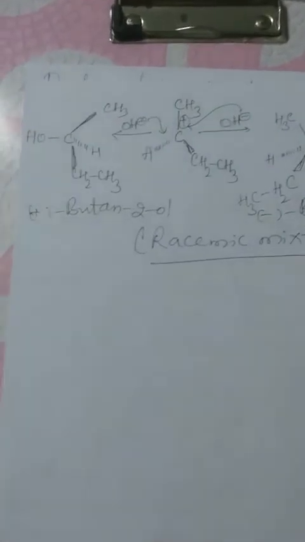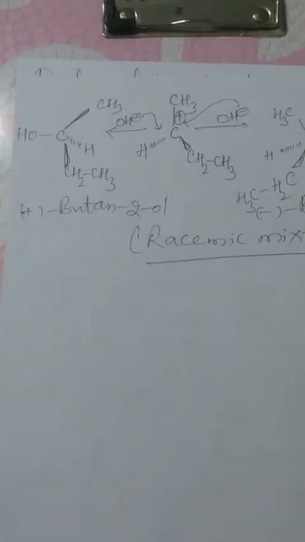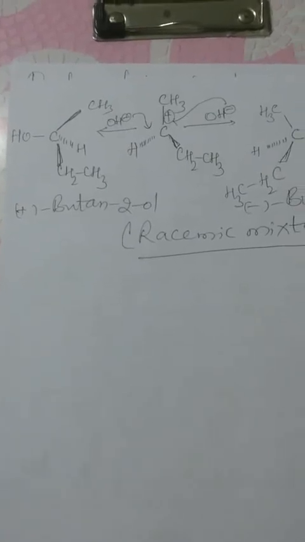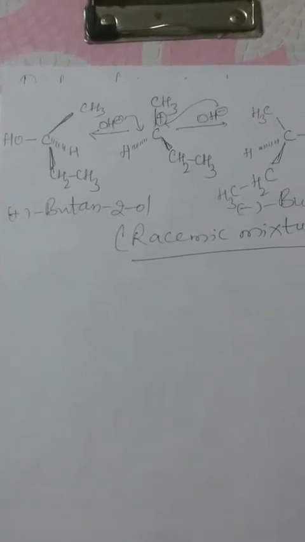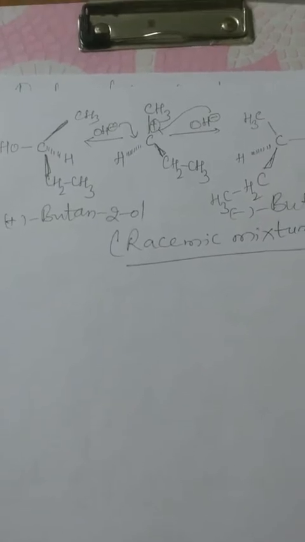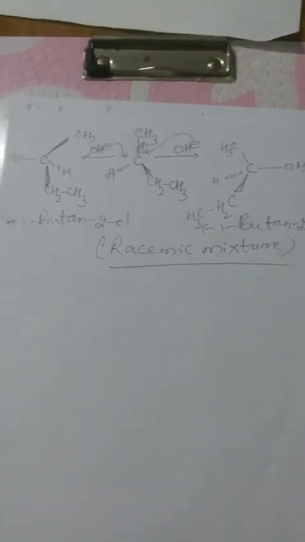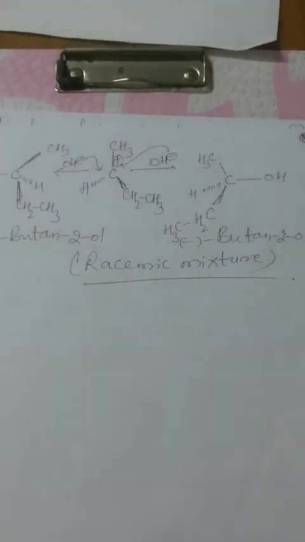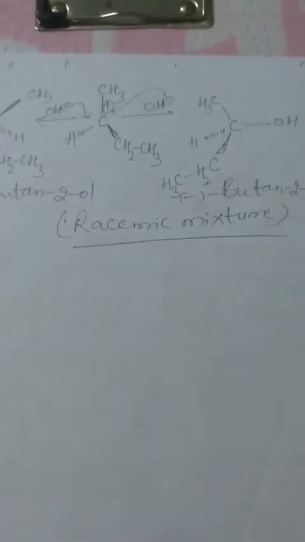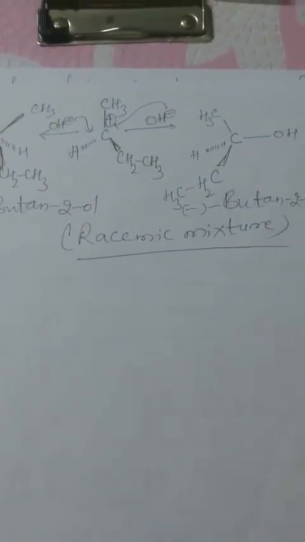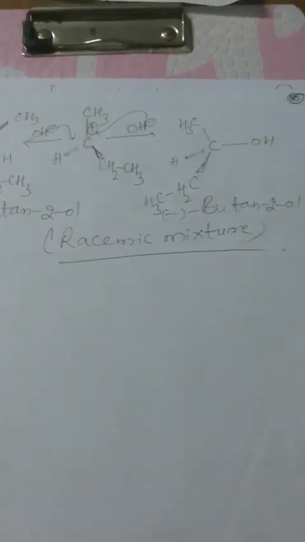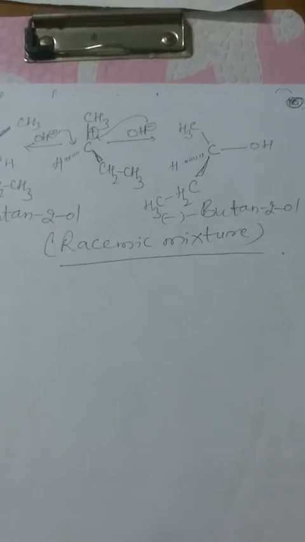If OH minus attacks from the back side, then the OH minus will form a bond with the chiral carbon atom opposite to the position of the leaving group Br minus. So in the product formed, equal amounts of (+)-butan-2-ol and (−)-butan-2-ol are present. That is 50% of (+)-butan-2-ol and 50% of (−)-butan-2-ol. Therefore it will be an equimolar mixture. Hence it is called a racemic mixture.